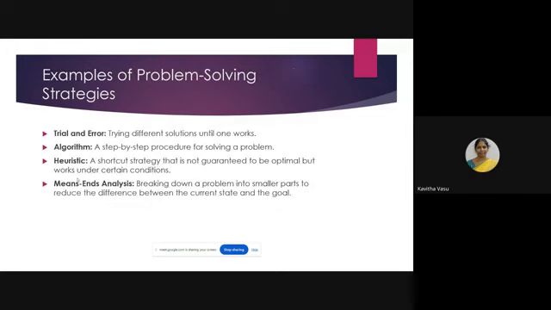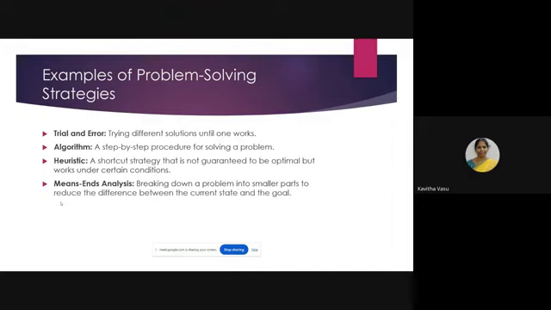Next is the example of problem-solving strategies. This introduces and briefly explains common problem-solving strategies that involve trial and error, algorithm, heuristic, and means-end analysis.